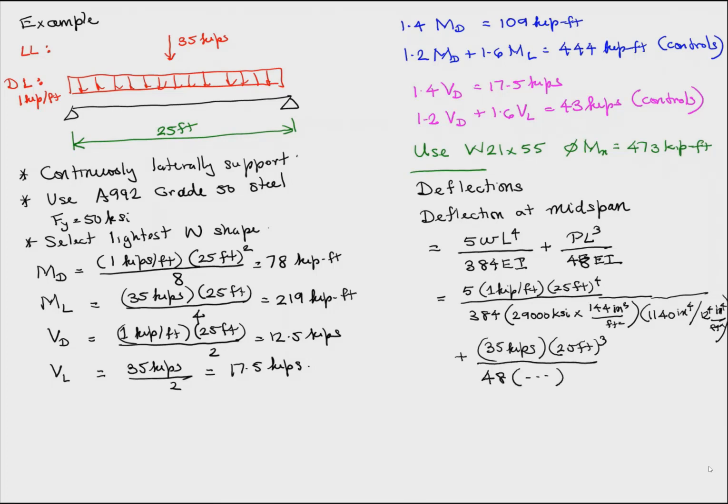E is the same as above and I is the same as above. And if we do this calculation, we get 0.6 inches.